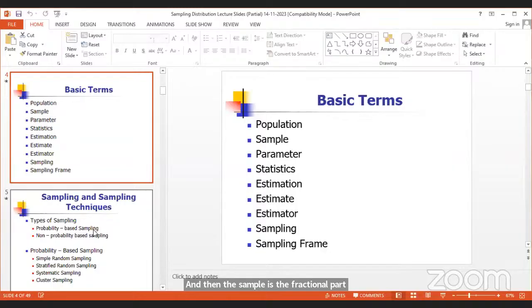So what do you do with the sample? At the end of the day, you want to make an inference about that population. You want to have an understanding of the population. So the essence is to estimate some parameter of interest.